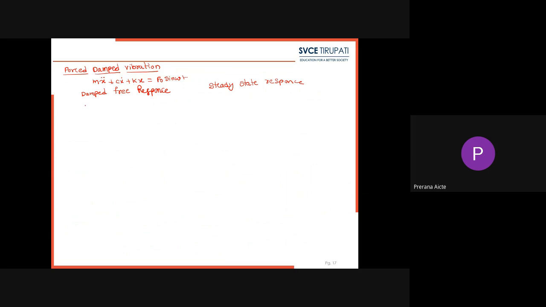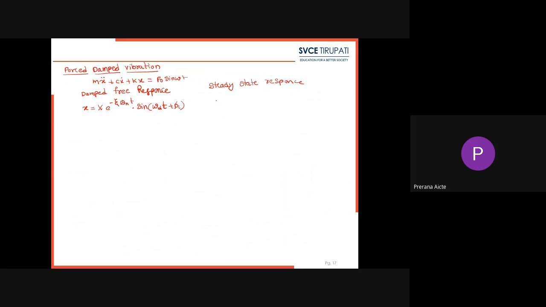You can give the damped free response x value as x into e power minus damping factor multiplied with the angular velocity and the time, and the sine of angular velocity into t plus phi.